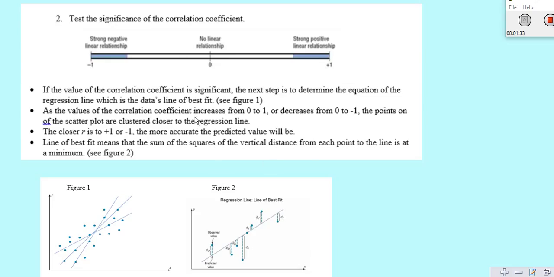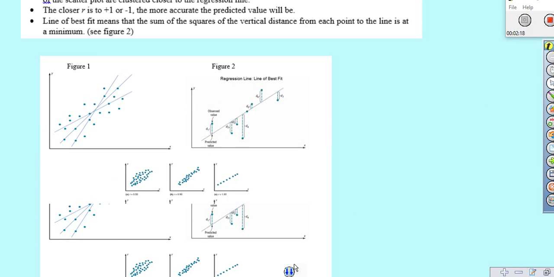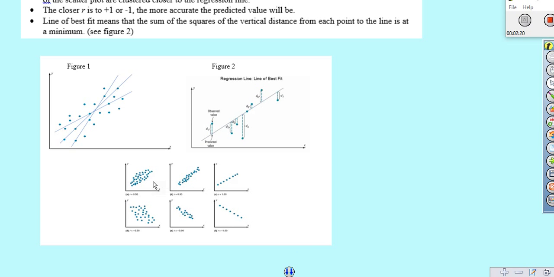Keeping in mind that as your correlation coefficient increases from 0 to 1, the points on the scatter plot are going to get closer and closer to each other. So this is a great analogy. Here we see that this one has a correlation coefficient of 0.5, this one has a correlation coefficient of 0.9, and this one has a correlation coefficient of exactly 1. And same for a negative.